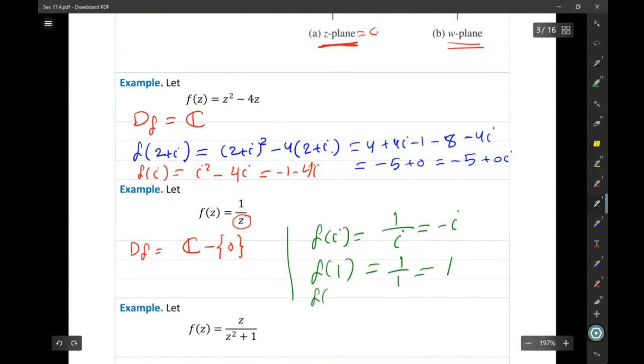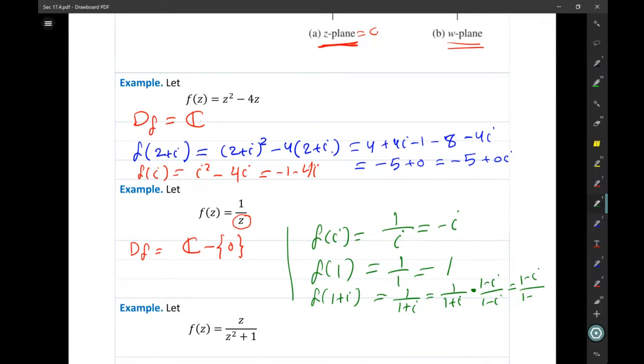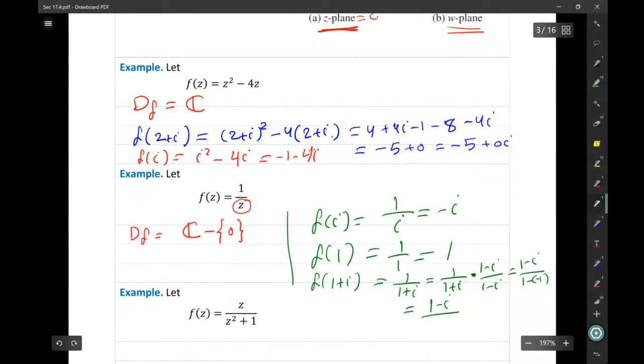F of 1 plus i is 1 by 1 plus i, which is 1 by 1 plus i times 1 minus i over 1 minus i, which is 1 minus i over 1 minus i squared, which is 1 plus 1, so that becomes 1 minus i over 2, which is half minus half i.